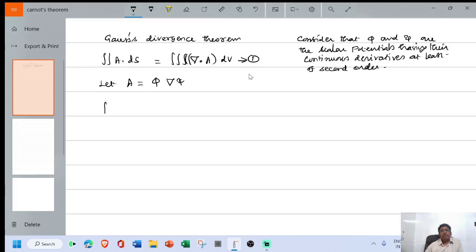Now equation 1 becomes the surface integral of phi grad psi dot dS equal to the volume integral of del dot phi grad psi dV.